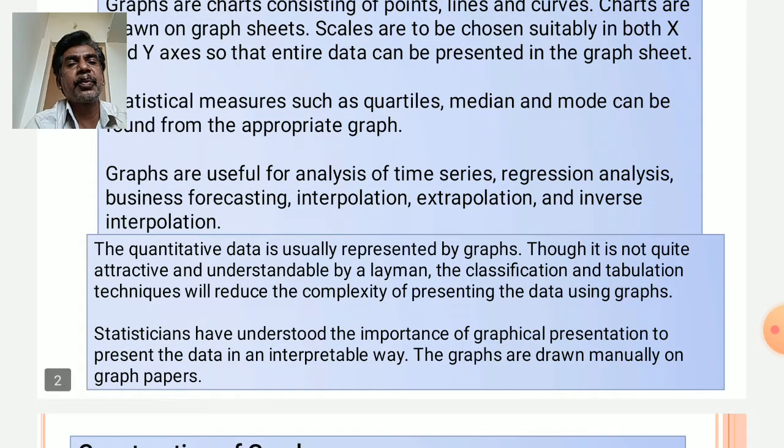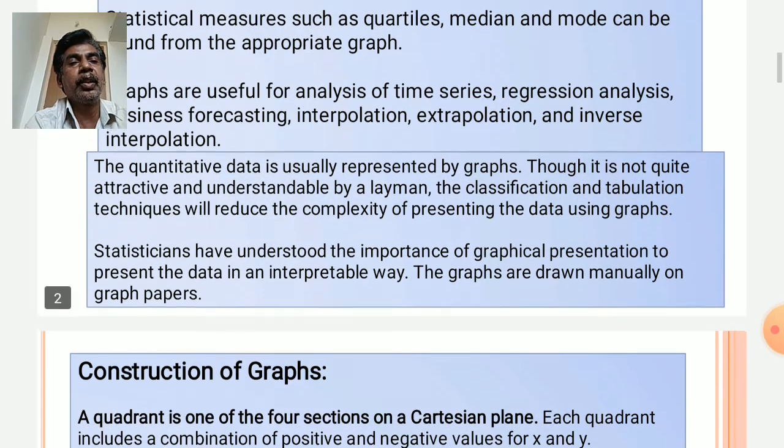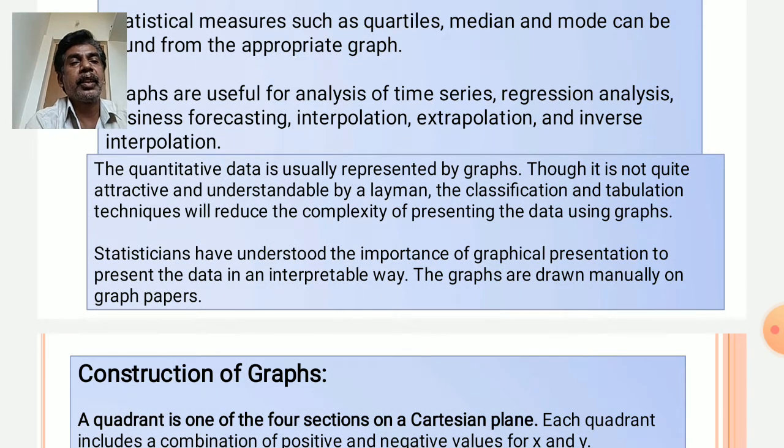Graphs are useful for analysis of time series, regression analysis, business forecasting, interpolation, extrapolation, and inverse interpolation. So graphs are very essential to businessmen, and are important and most useful statistical tools.